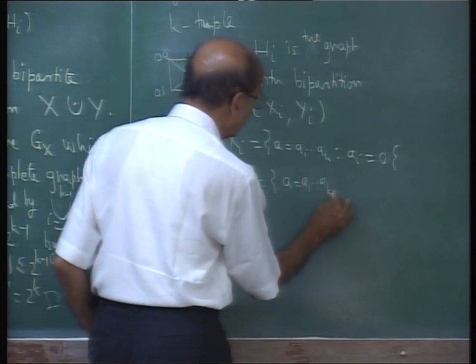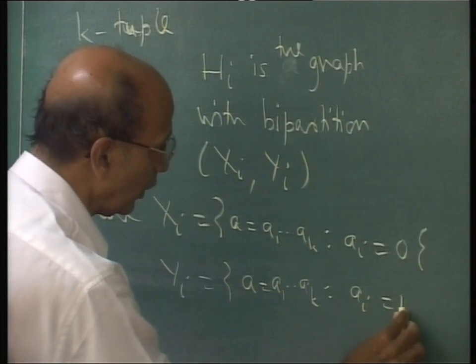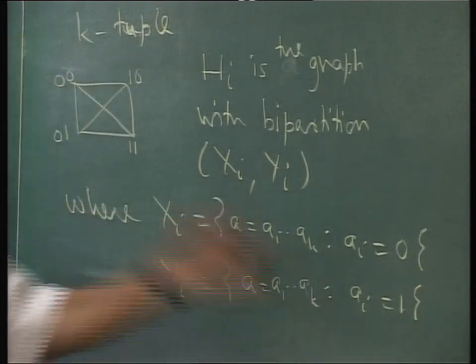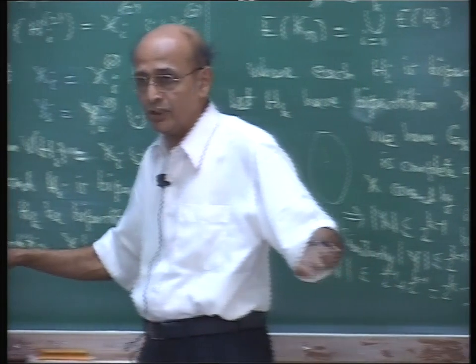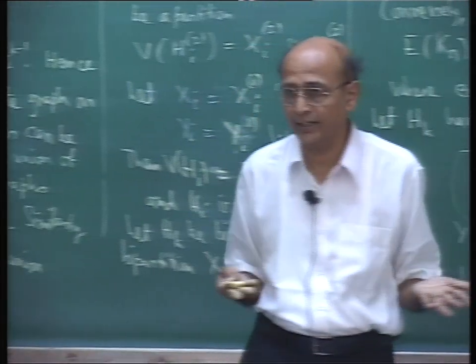I'm looking at all sequences in which the ith coordinate is equal to 0 and all those in which ith coordinate is equal to 1. This clearly is a partition. There is nothing common between xi and yi.